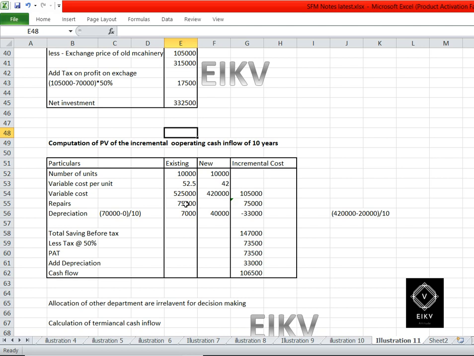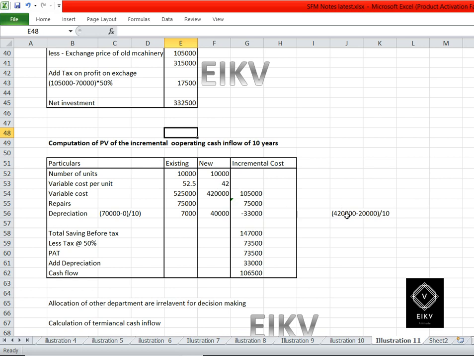Right, after that we have repairs. We don't have repairs for the new machinery, so 75,000 minus 0 gives 75,000. Okay, after that, depreciation. Depreciation for the existing machinery is 70,000, the book value, divided by 10, which gives 7,000.